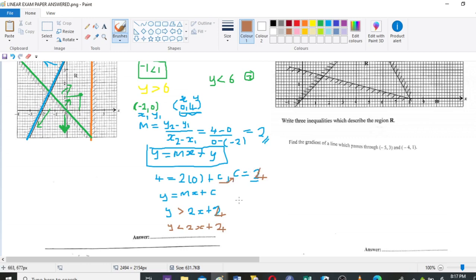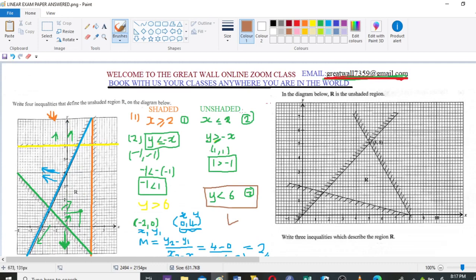All right, so these are the four inequalities which are describing our unshaded region, that is region R. Hope you're able to see it. That is this one here, okay, this one here. This is our third inequality, and the first one here, or the second one describing the unshaded region, and this one here.